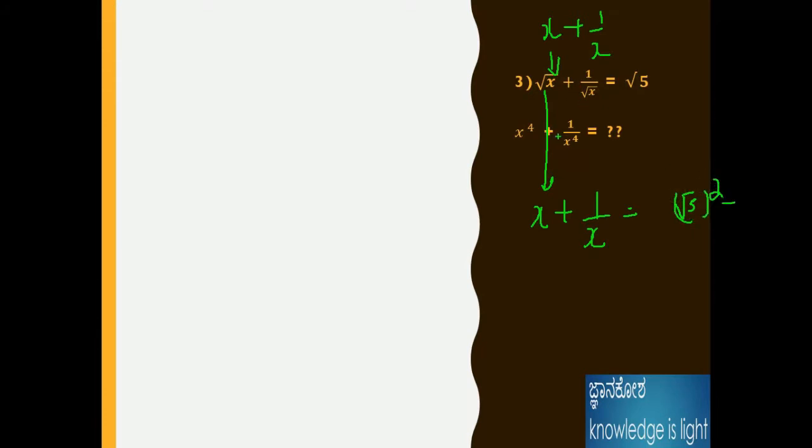That means the plus sign is there, that's why I am taking minus here. This is the important point. Please note it down. Therefore, the answer should be 5 minus 2 is equal to 3.